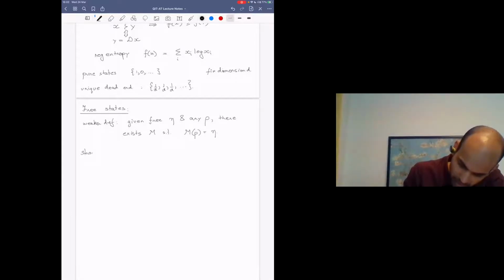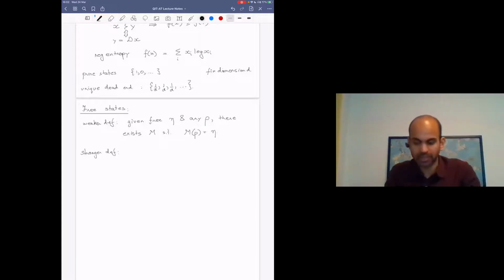The stronger definition of it is the following. Now, in the weaker definition, the transformation M that we choose in order to get from rho to eta can very much depend on what that initial state rho was. So given different initial states, rho 1 and rho 2, it might be that you have different operations that would take you to eta.